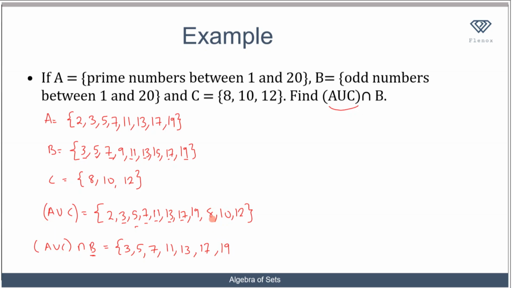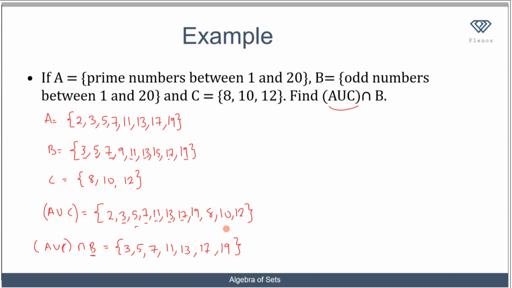And 8 is unique to only this, 10 is unique to only this, and 12 is unique to only this. So as you can see, the intersection of A union C and B is given by the set 3, 5, 7, 11, 13, 17, and 19.